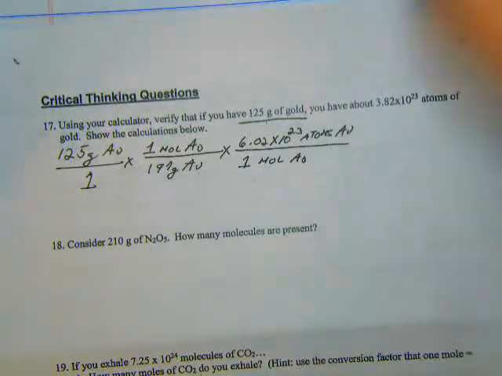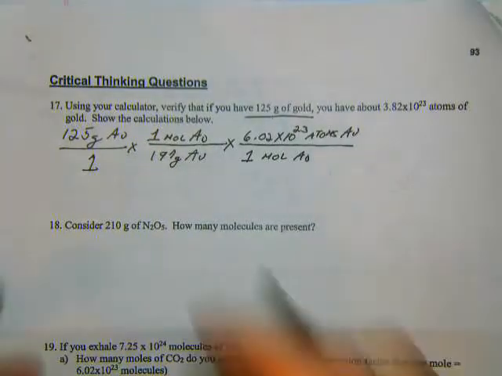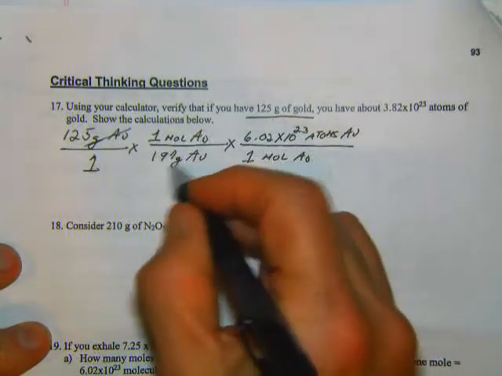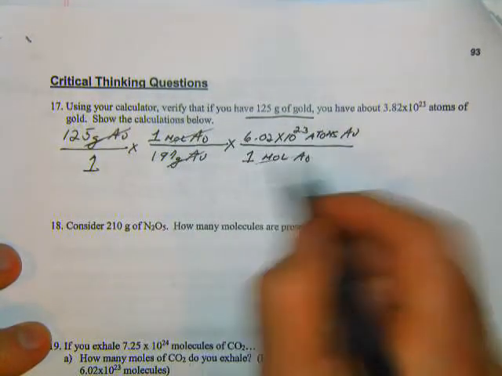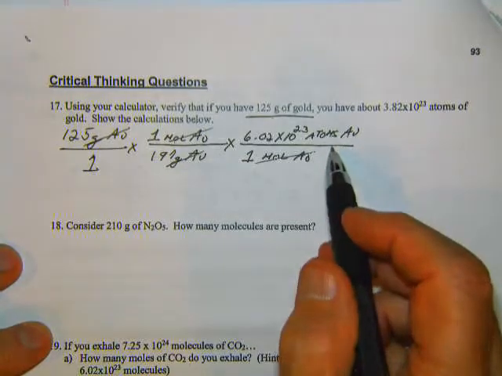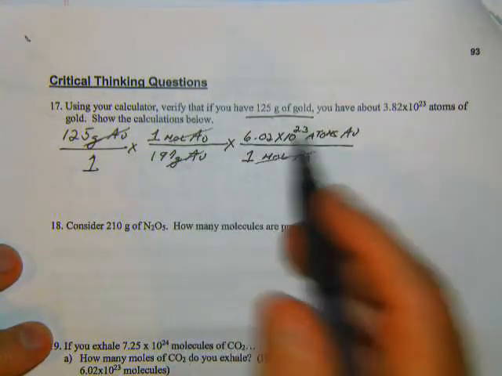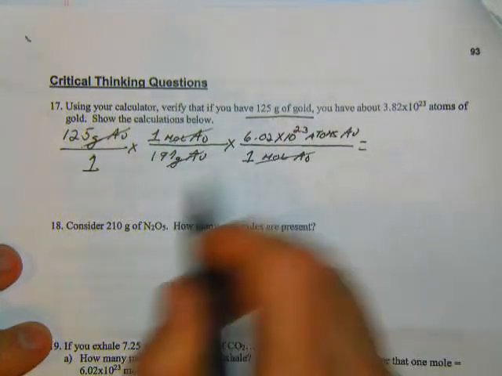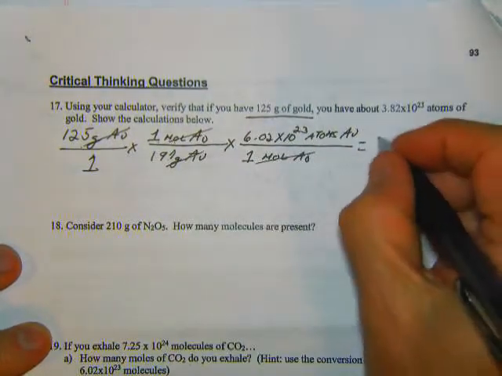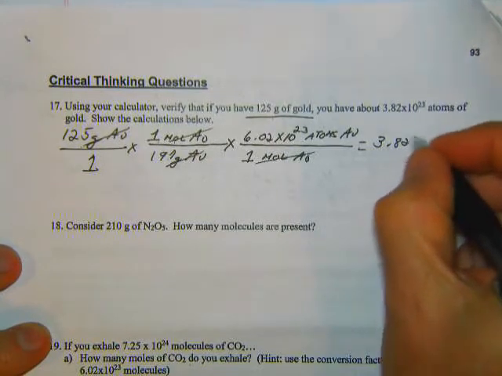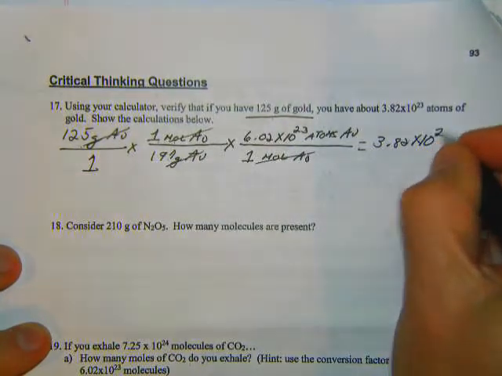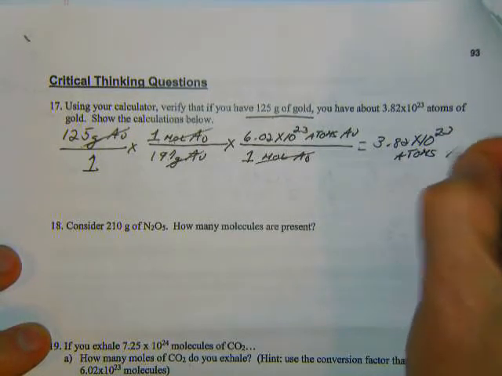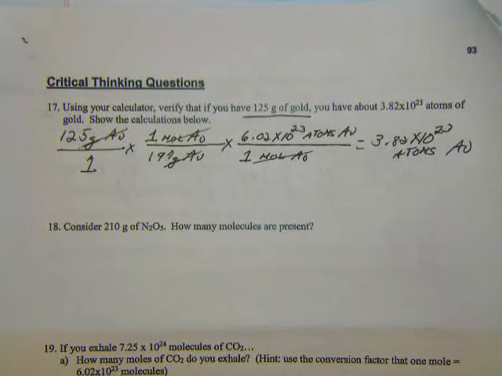Grams of gold are gone. Moles of gold are gone. So we're left with atoms. If we do the math, this times 1 times that divided by 197 is 3.82 times 10 to the 23rd atoms of gold. So that is correct.